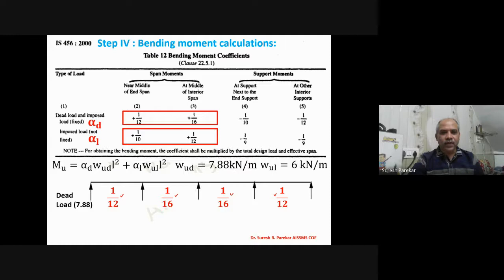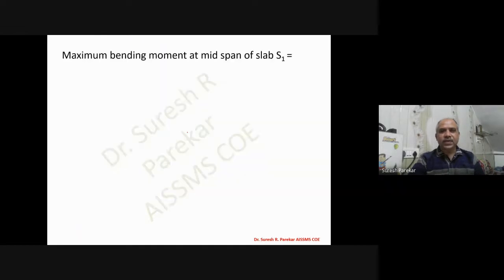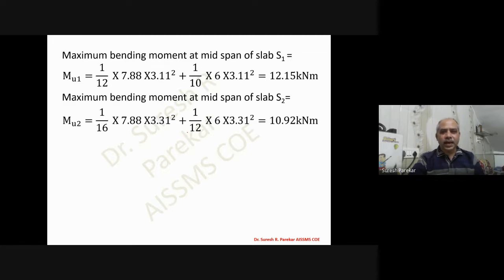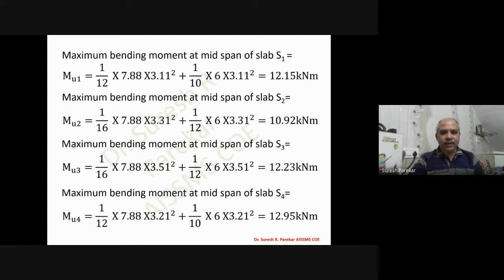If we go for imposed load, you can see for near middle of end span, we have on both sides 1 by 10, 1 by 10, which is given over here. And then we have 1 by 12, which will be at middle of interior span. And then using this, we are in a position to calculate the values of Mu1, Mu2, Mu3, and Mu4.